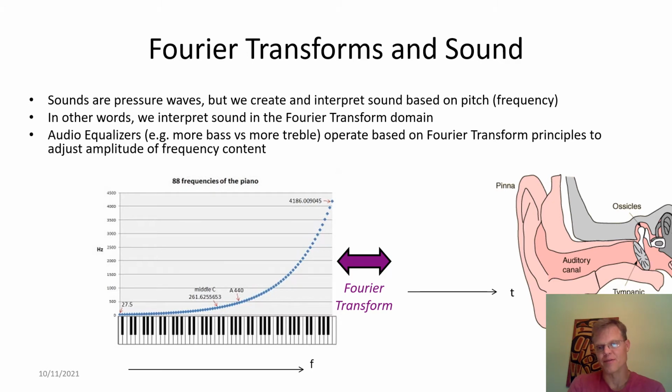For example, if you play a musical instrument, the piano, the different keys on the piano are creating different frequencies. To do that, you have to convert the strike of the piano key into some oscillation, which hits the string in the piano, and then that oscillation creates a pressure wave that we can hear. Another example of this is if you use audio equalizers, adjusting the different frequencies, more bass, more treble. It's very much related to the principles of Fourier transforms.